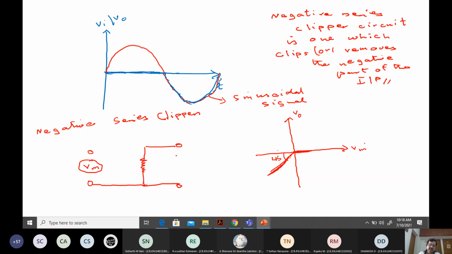So I must understand here, for the positive part, I must get it. So all of the input must appear across R. For that to happen, the diode must be conducting. Then only if the diode conducts, the current will flow through the resistor, because we are assuming the ideal diode model.